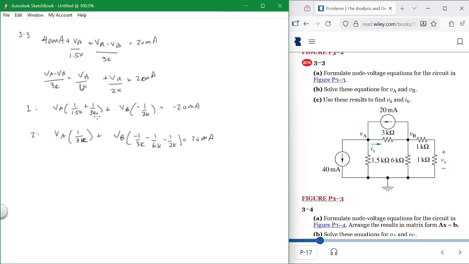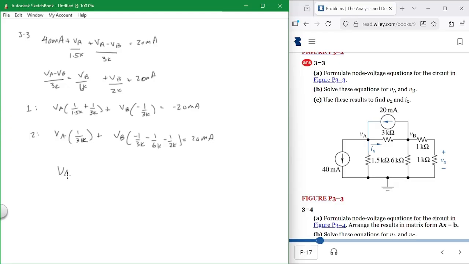Now these are small numbers. We have to go through and just do calculations to get these. Okay, so now let's take our calculator and get these numbers. So it's VA times one divided by 1,500 plus 1 divided by 3,000 equals 0.001.